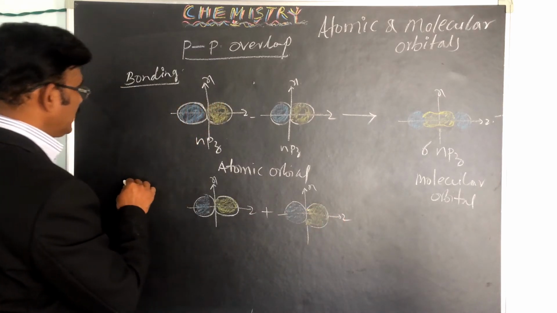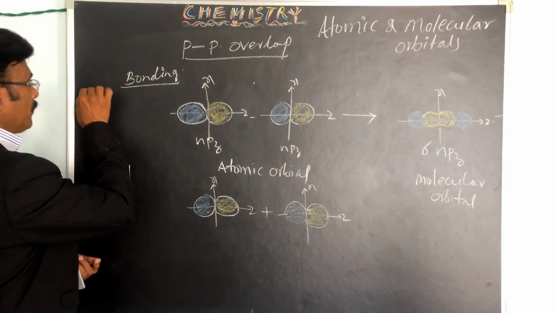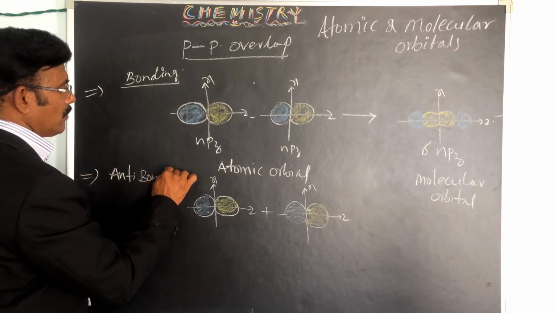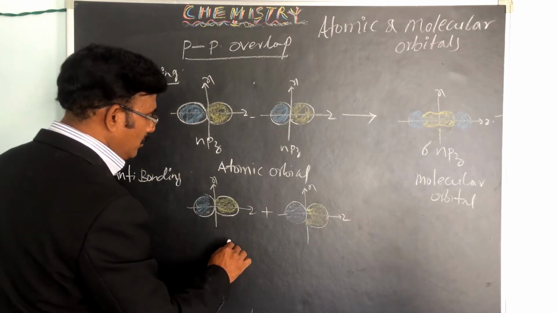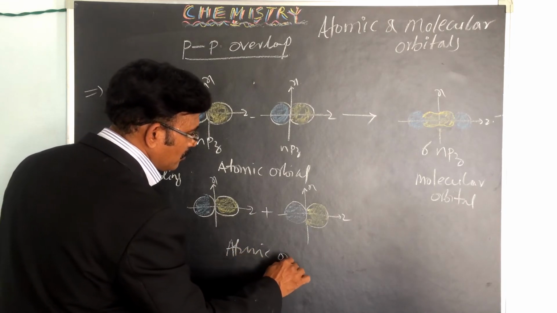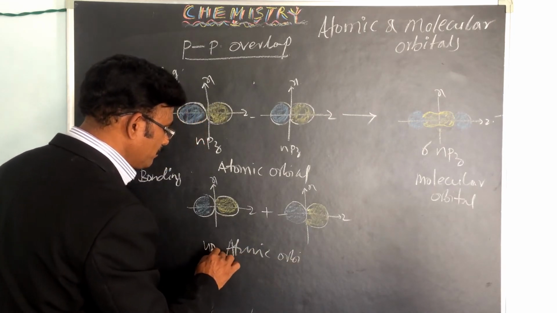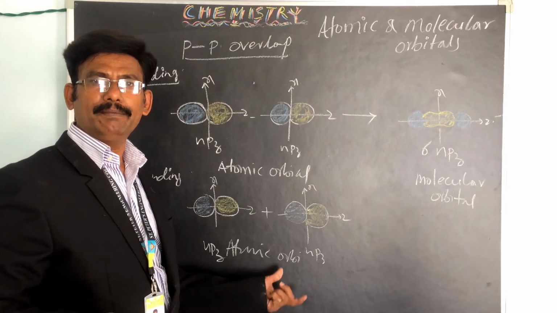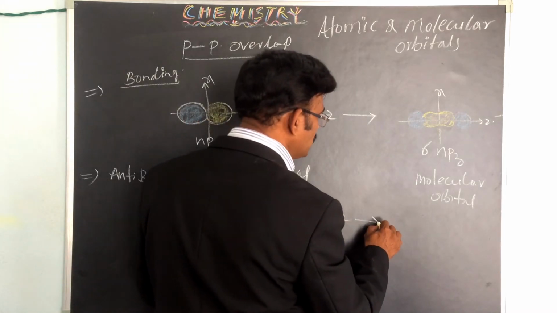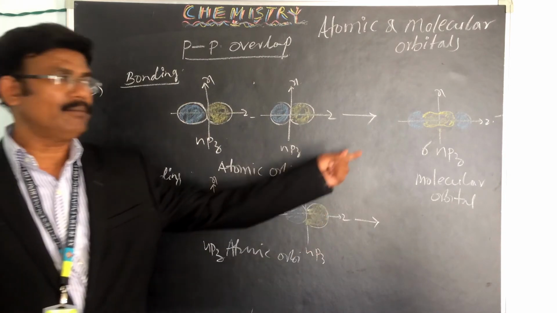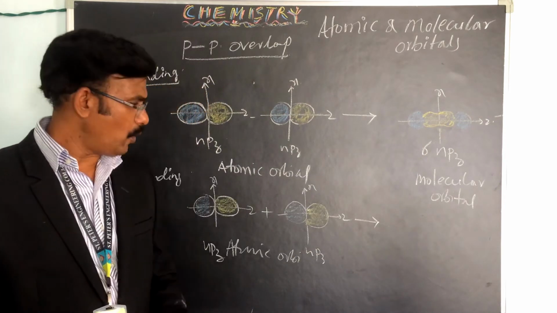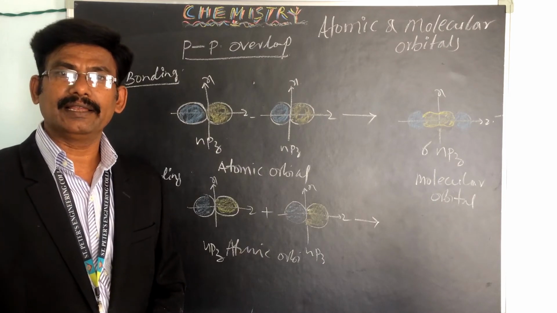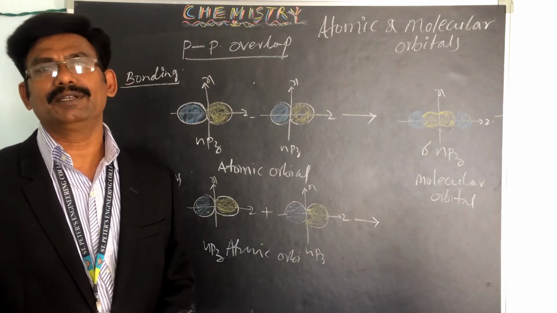These are the anti-bonding. Atomic orbitals of npz, same npz, both are npz. What structure will come? Will it come like this? No, it will not come like that. Anti-bonding means it is not from bond formation.